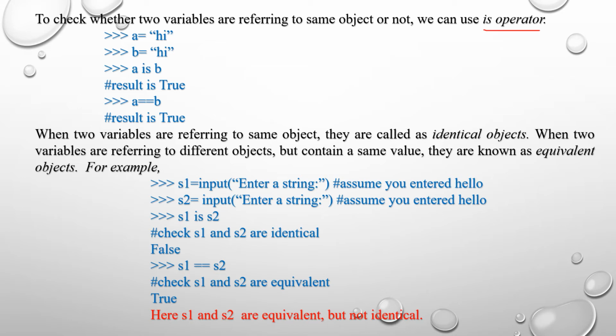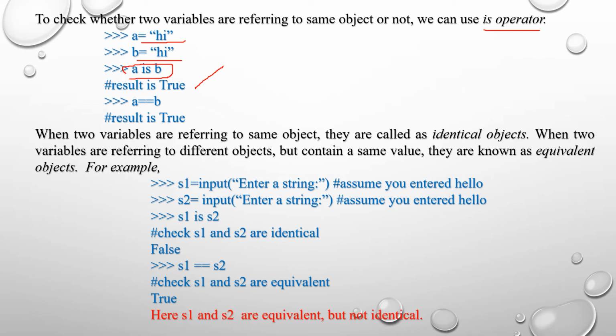For example, take a is equal to 'i' and b is equal to 'i'. The string 'i' is stored in variable a, and again 'i' is stored in variable b. Now I use the is operator: a is b, and the Python interpreter gives True.